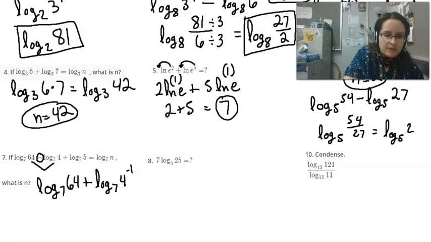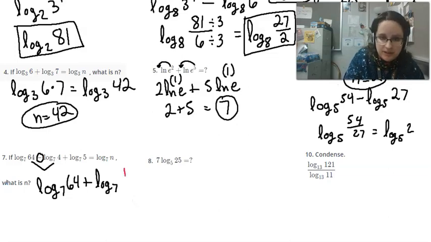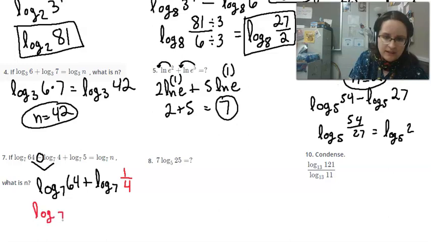Remember, negative 1 power is the same thing as flipping the fraction, changing the exponent to a positive. So it'd be 1/4 here. And if you were to multiply 64 times 1/4, that's the same thing as 64 divided by 4. So we would rewrite it again as log 7 of 64 divided by 4 plus log 7 of 5.